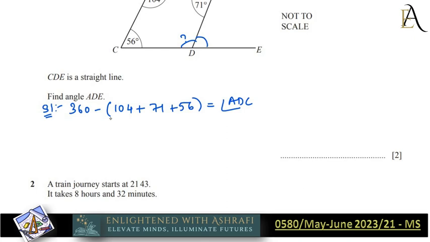Therefore, angle ADC is equal to 104 plus 71 plus 56 minus 360, that gives me 129 degrees.